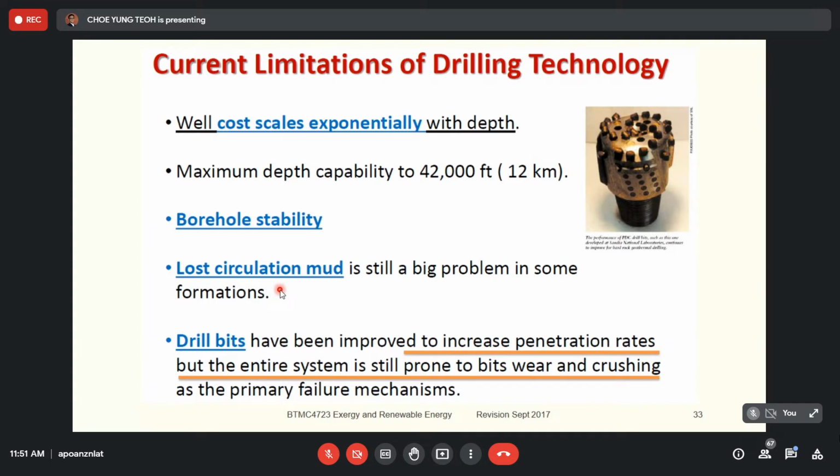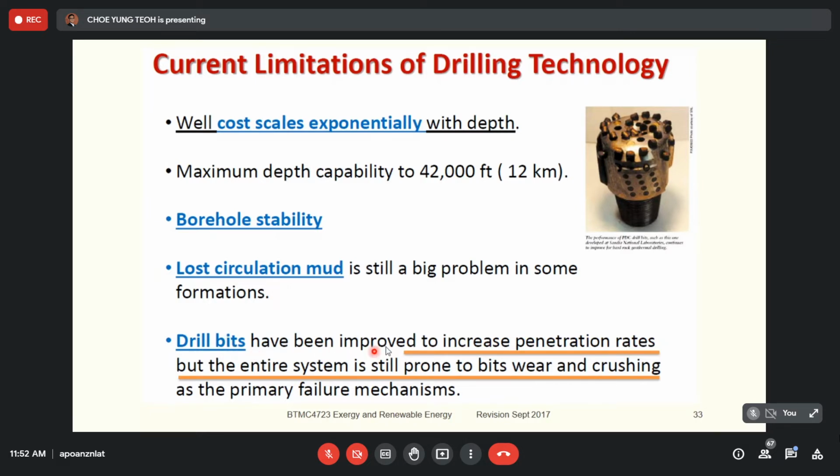But the problem is the circulation mud may not return to the Earth's surface. You put in the circulation mud, but it somehow moves elsewhere due to cracks in the rock or other openings. So this is always a problem when you put in the mud but the mud goes missing. Actually, it's not real mud, it's some kind of liquid to carry the cutting debris out from the hole.